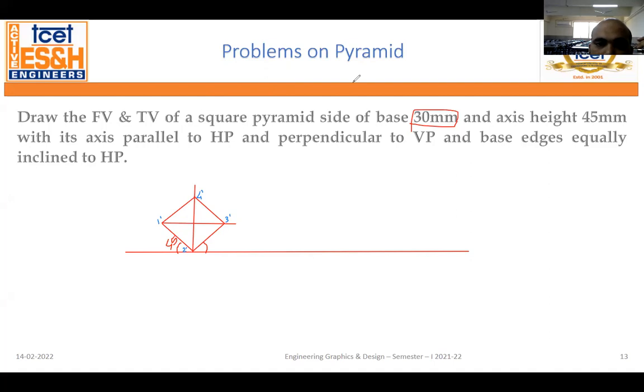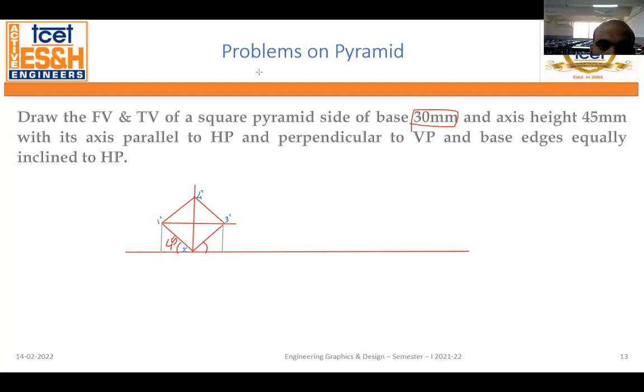After then, you just take the projections down. Only two projections are going to be coming, this and this one.